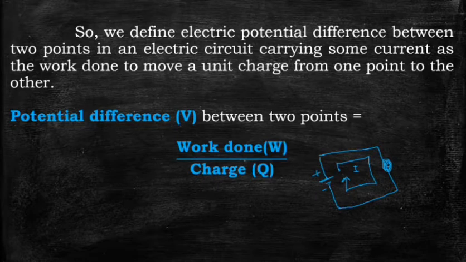The potential difference is defined as the work done to carry these charges from this point to this negative point. Charges means nothing but the current. So potential difference between 2 points will be equal to a ratio. Ratio means one divided by the other. Ratio of work done to the charge. Work done to move unit charge from one point to another.